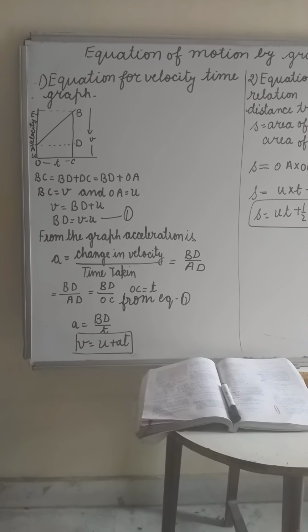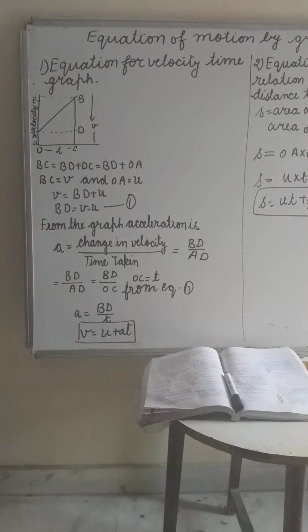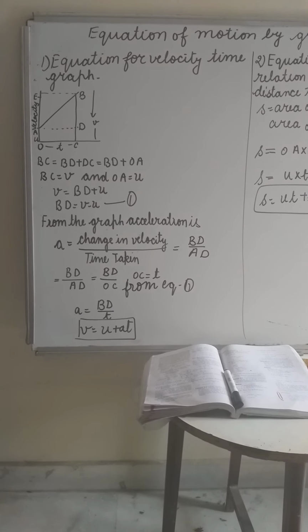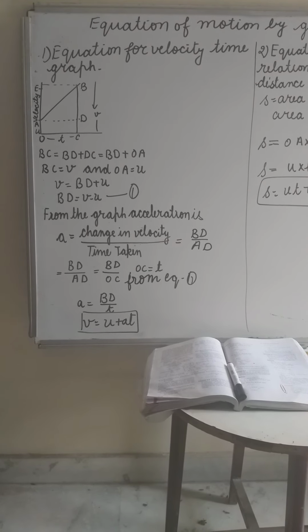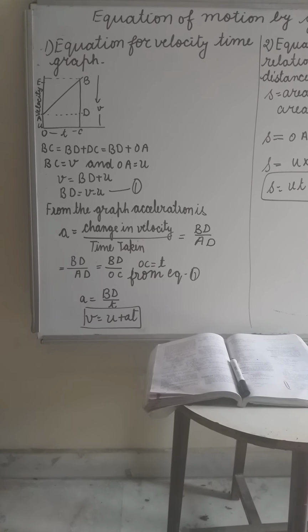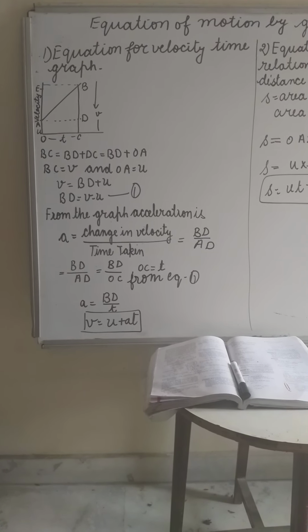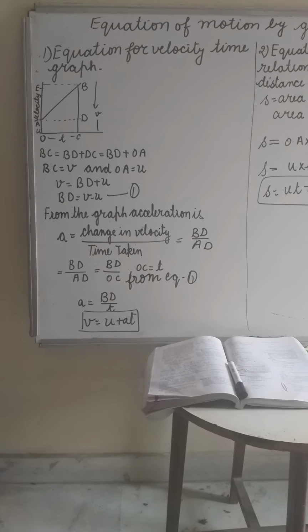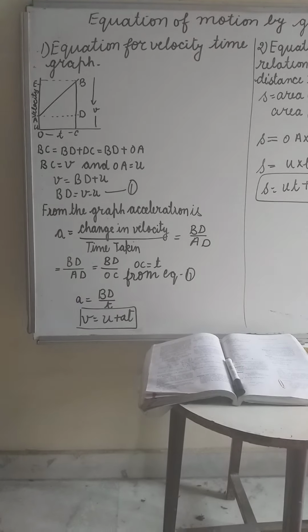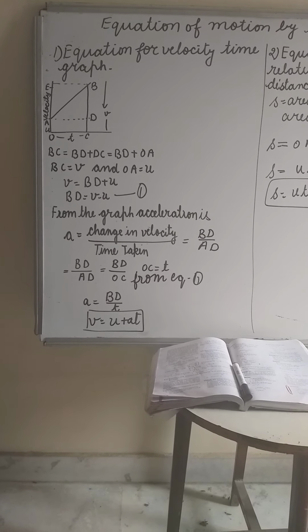So you can see the graph I have drawn, the velocity time graph. Velocity is on the axis OE, and time is on the axis OC. Now you can see I have written BC is equal to BD plus DC. BC is equal to BD plus DC.